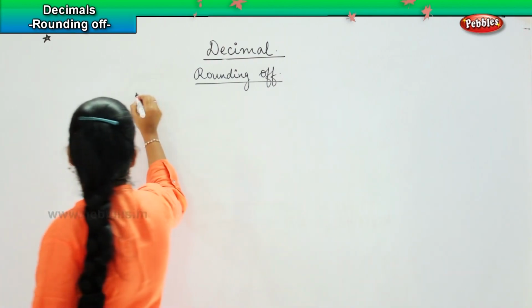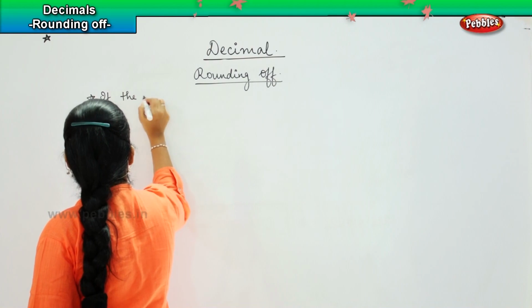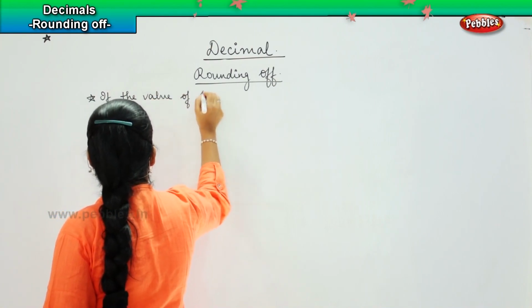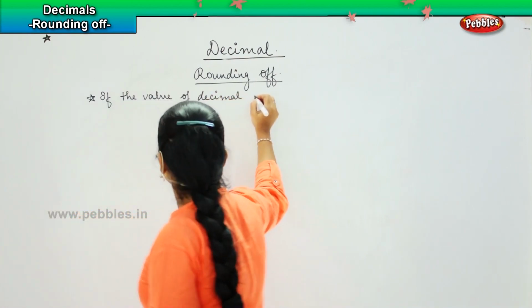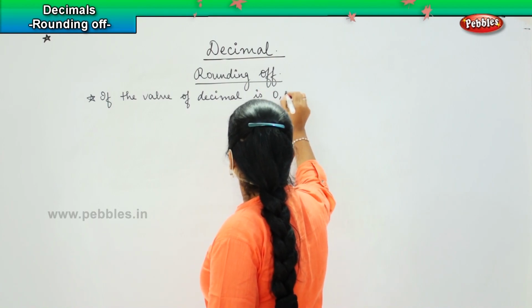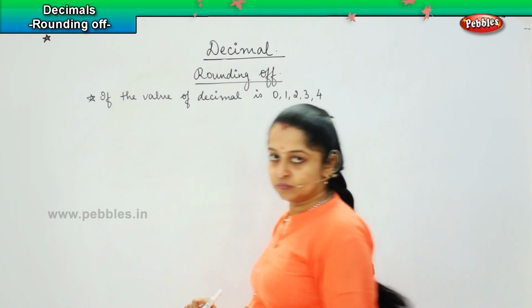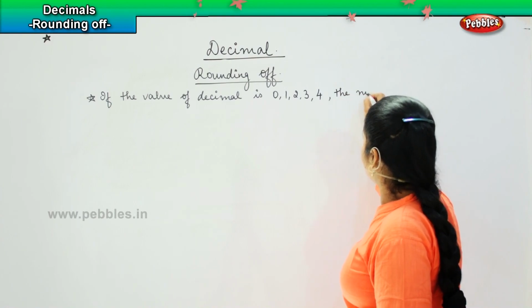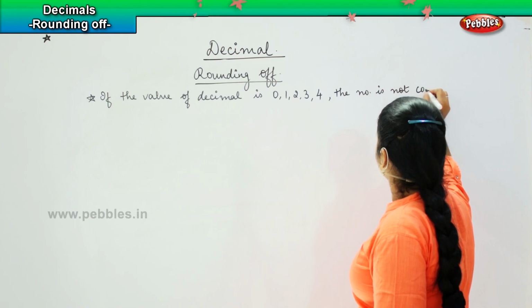So if the value of the decimal digit is 0, 1, 2, 3 or 4, the number is not converted.